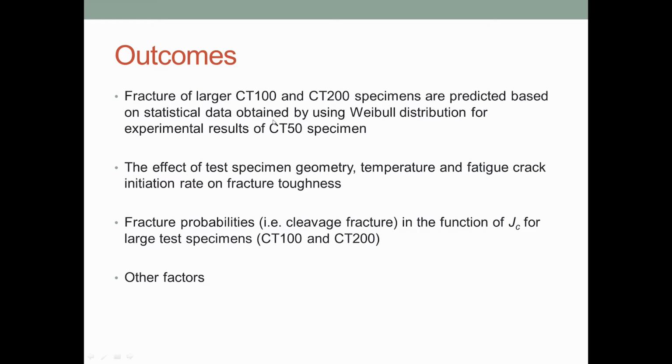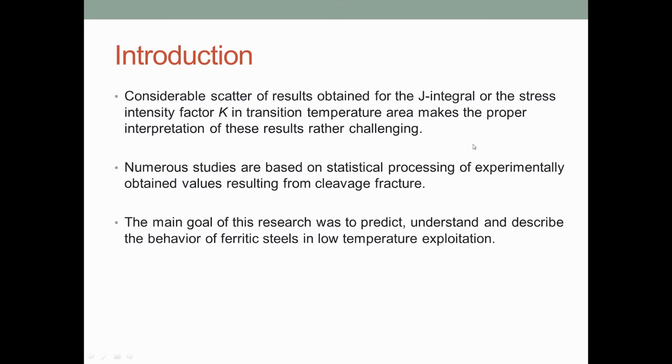Fracture probability in this paper, actually cleavage fracture as a function of the JC parameter for large specimens, is discussed, as well as other factors that could have effects on the obtained data. So let's move on to the next slide.